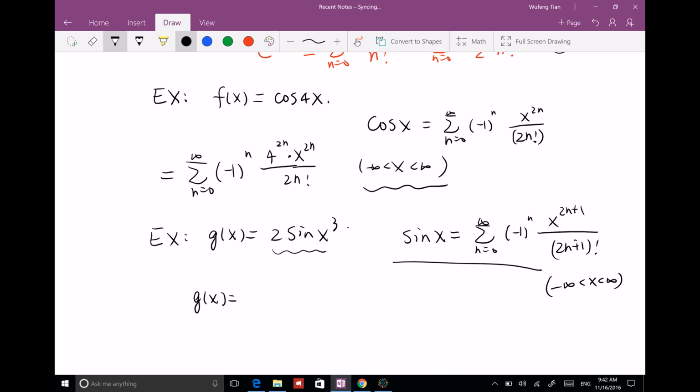Luke, could you please tell me what you got for g(x)? Alright, so I use the formula, and you get negative 1 to the n, 2 to the 2n plus 1.